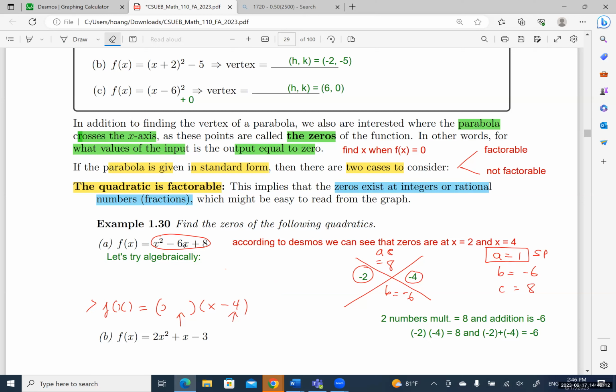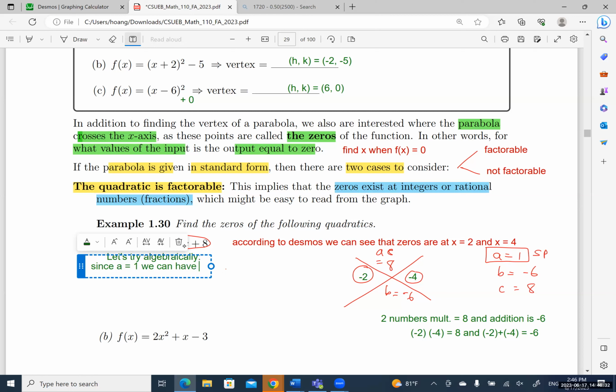Okay, so now, since a equals 1, we can have f of x equal to x minus 2 times x minus 4, right? According to negative 2 and negative 4 here.